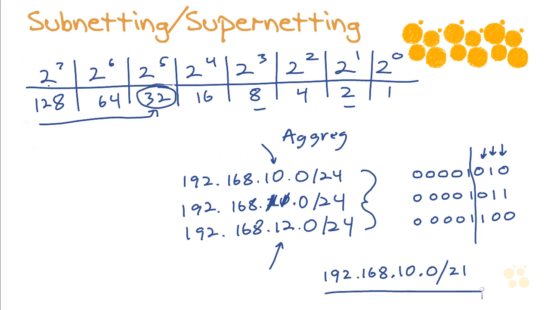So 192.168.10.0/21 catches these networks in one fell swoop. Pretty cool, and it's a very simple calculation that we perform in order to do this supernetting or aggregation.